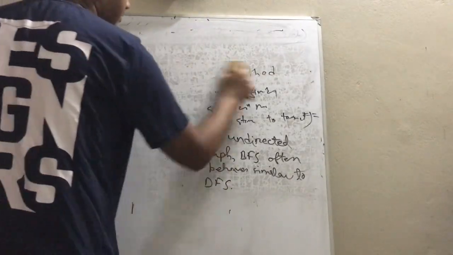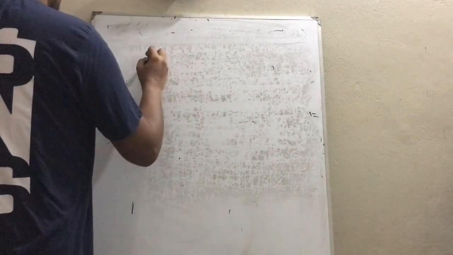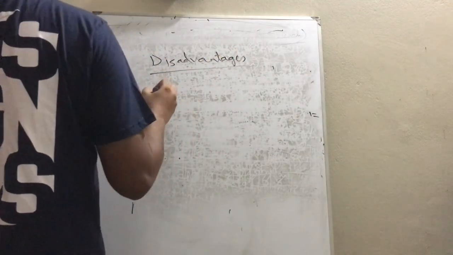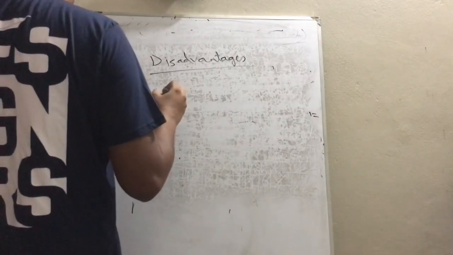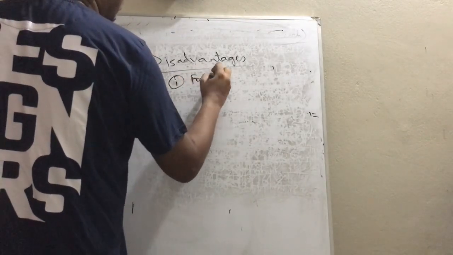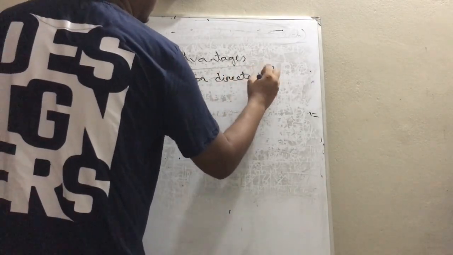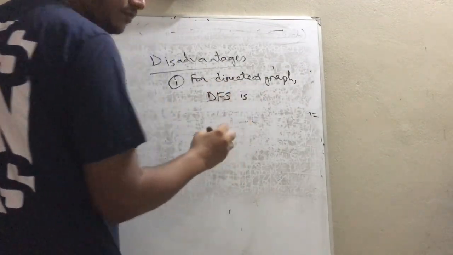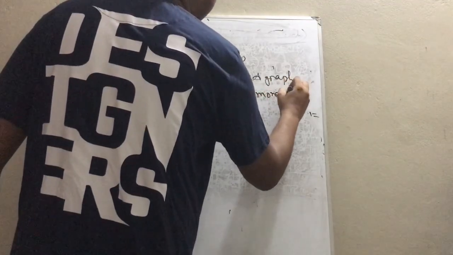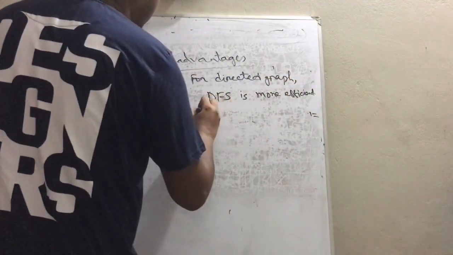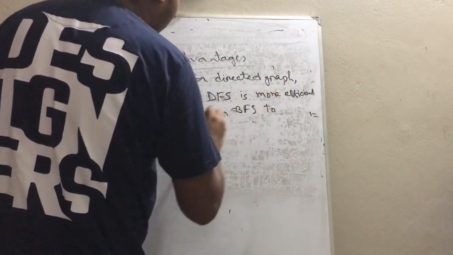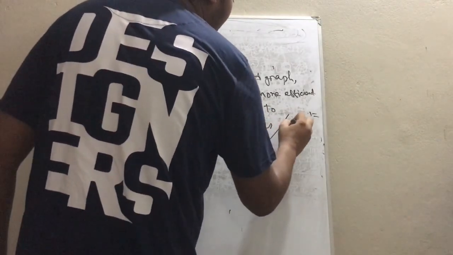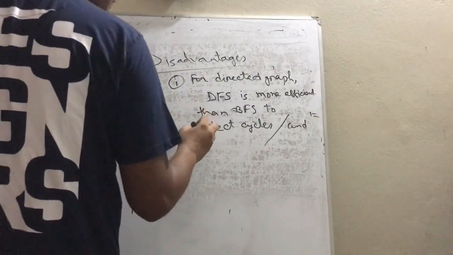And now let's see the disadvantages. For a directed graph, DFS is more efficient than BFS to detect cycles and strongly connected components.